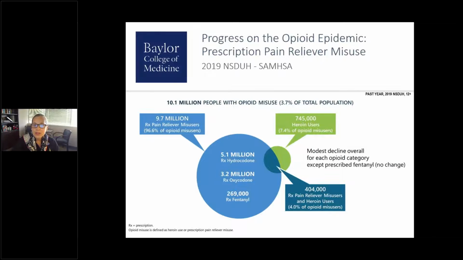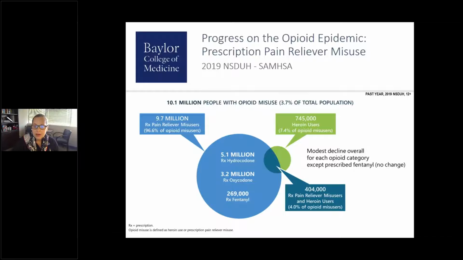We know from that data that about 10 million people misuse their opioids. That's 3.7% of the US adult population, and that's prescription opioids. And heroin users were a much smaller proportion.